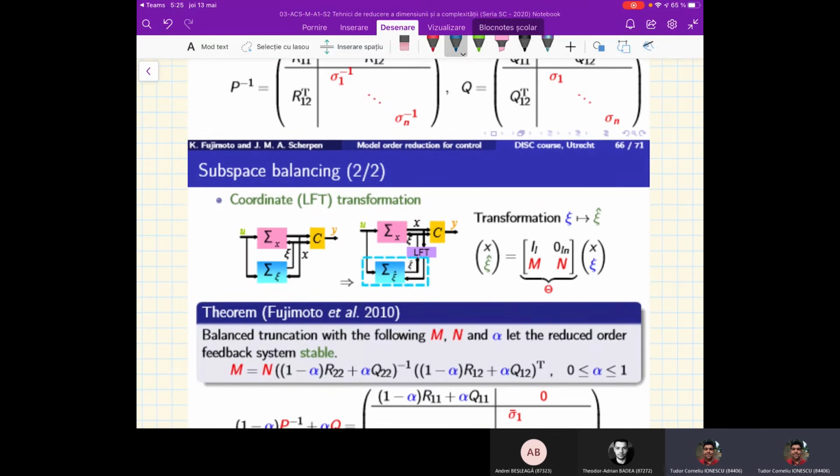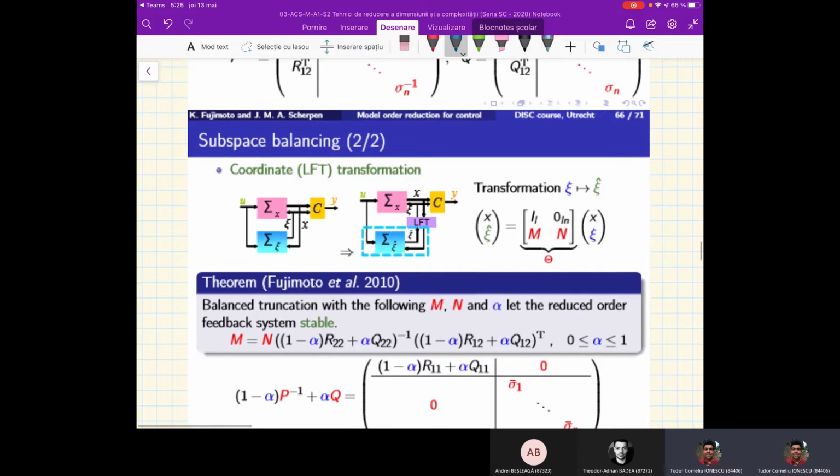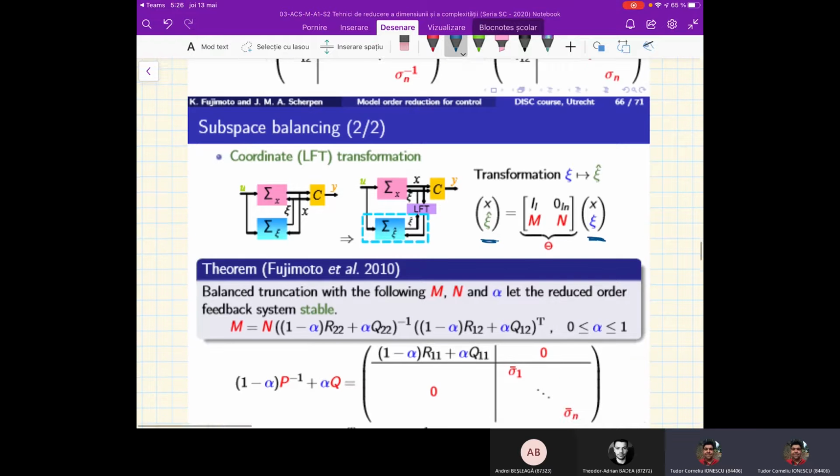You do a linear fractional transformation, an LFT, on this system, because you want to reduce this part. You need to use this transformation to emphasize only the coordinates of the controller, because that's what you want to approximate.